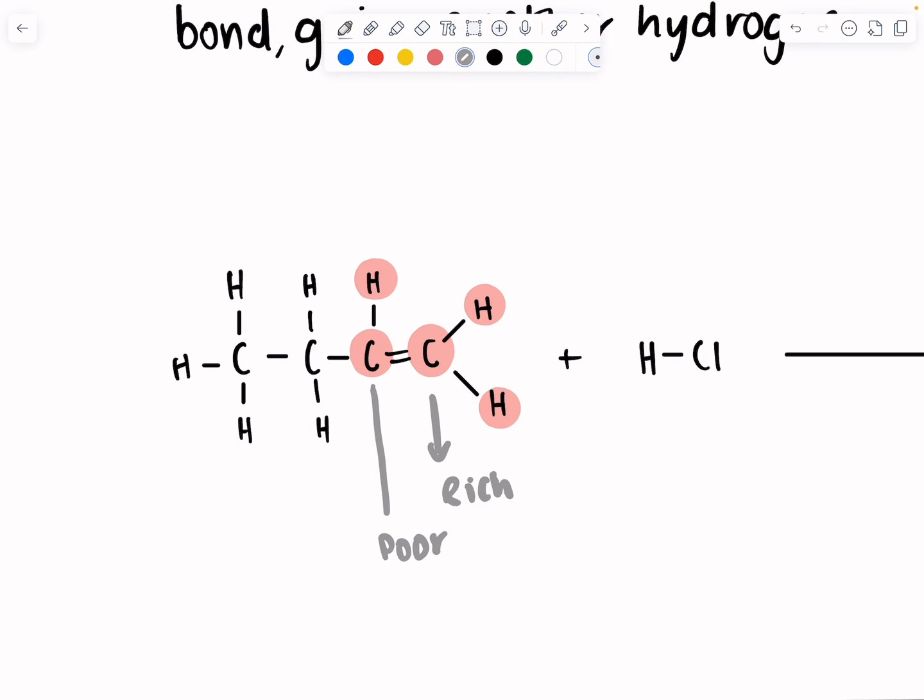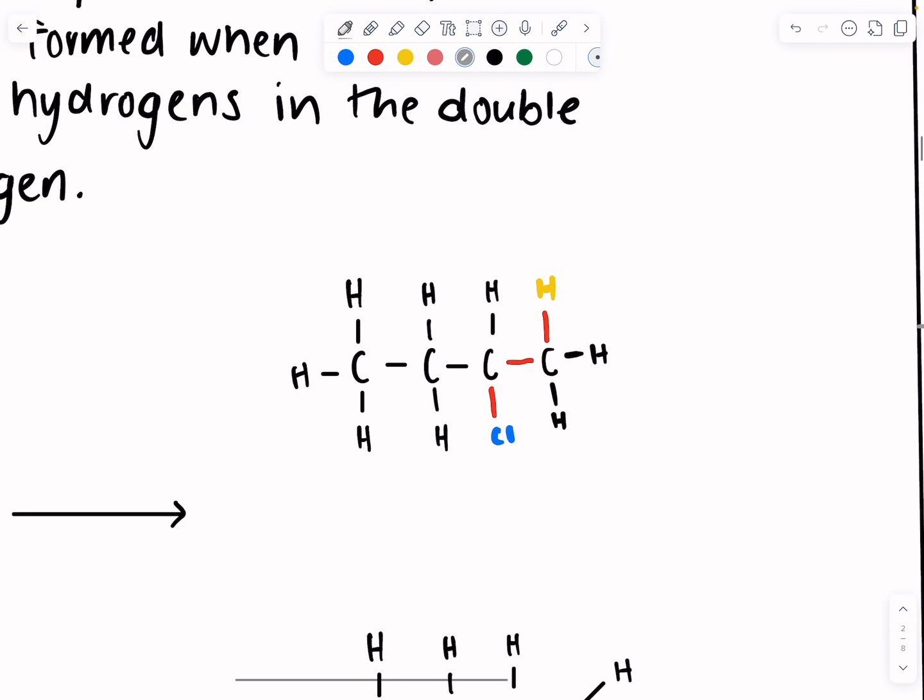And so according to Markovnikov's rule, when the rich gets richer, you will get the major product. So because this carbon in the double bond has gained another hydrogen on top of the 2 hydrogens it already has, the rich has gotten richer, so this is the major product.